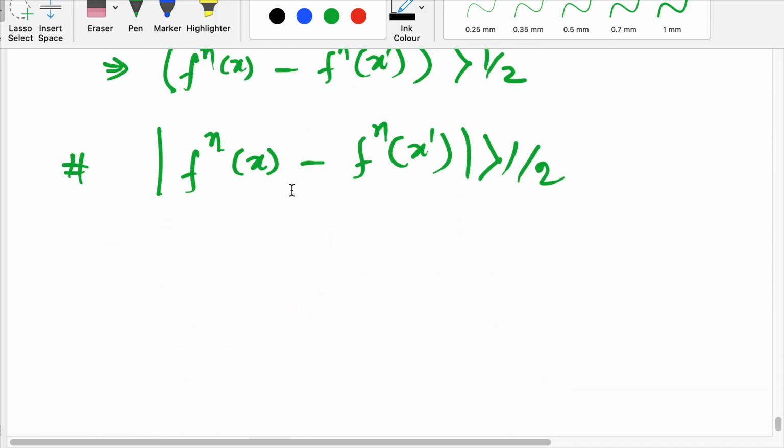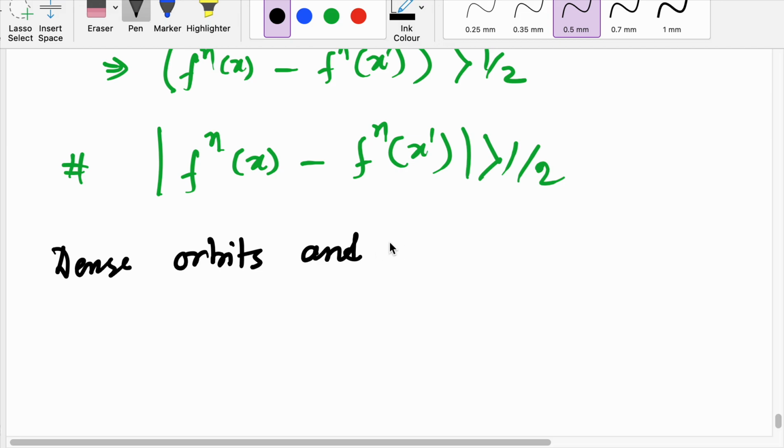So let's say dense periodic orbits and transitivity.